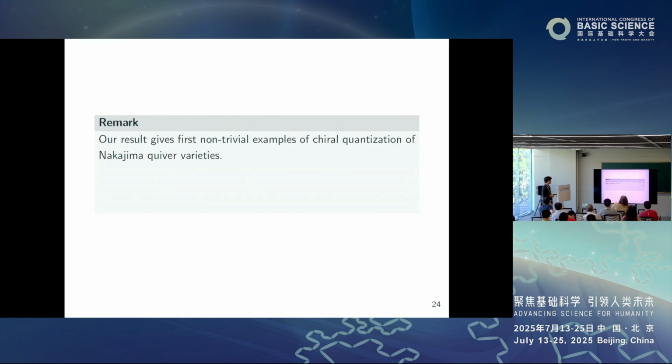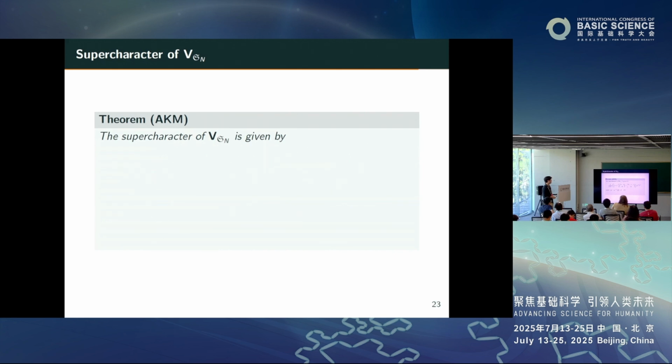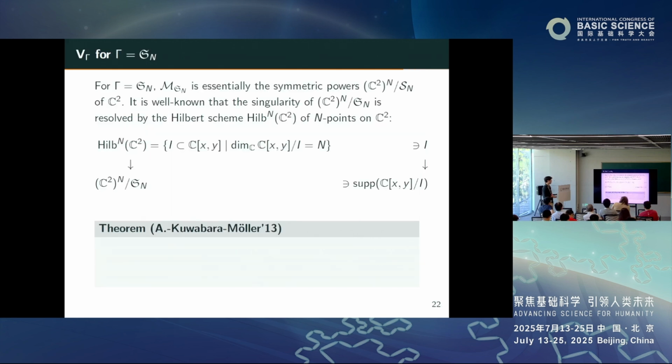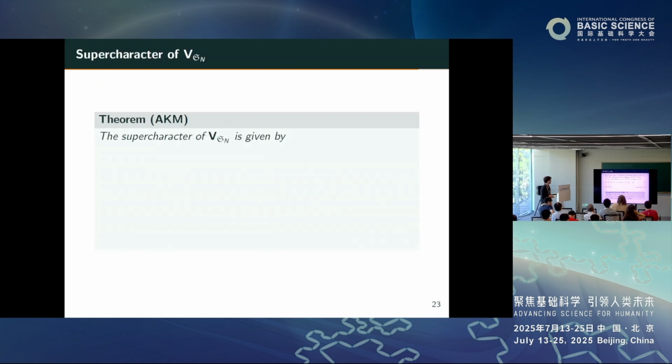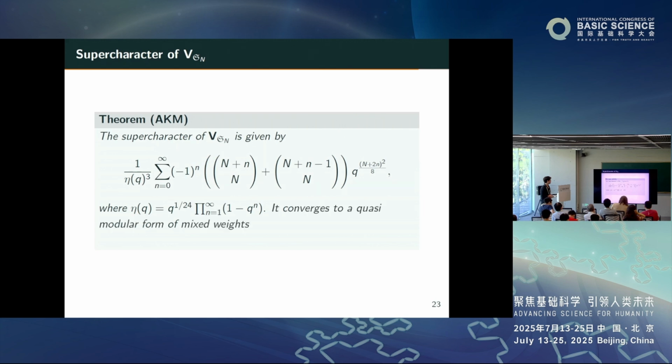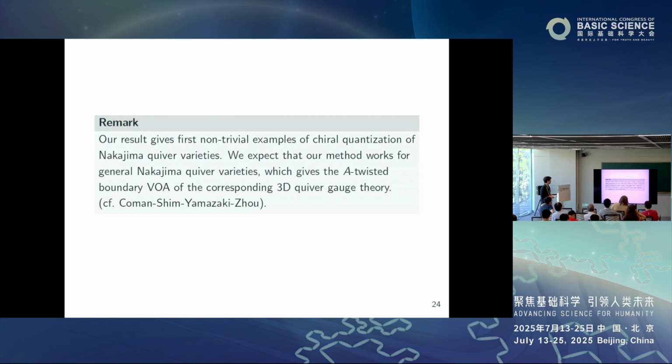Because the Hilbert scheme of points on C^2 is also isomorphic to the Nakajima quiver variety associated with the Jordan quiver, we indeed use Nakajima's construction to construct the sheaves. So it's natural to ask whether our construction generalizes to other Nakajima quiver varieties.